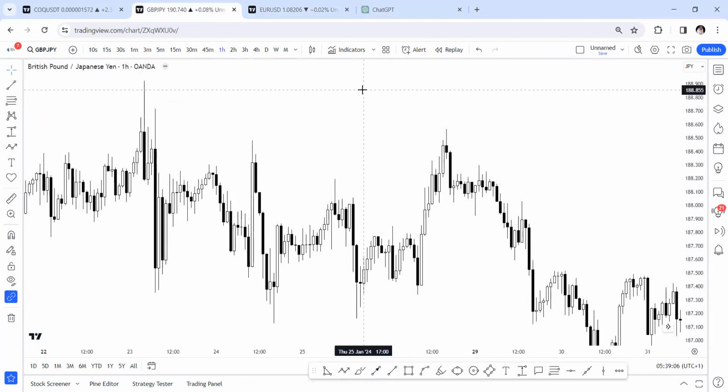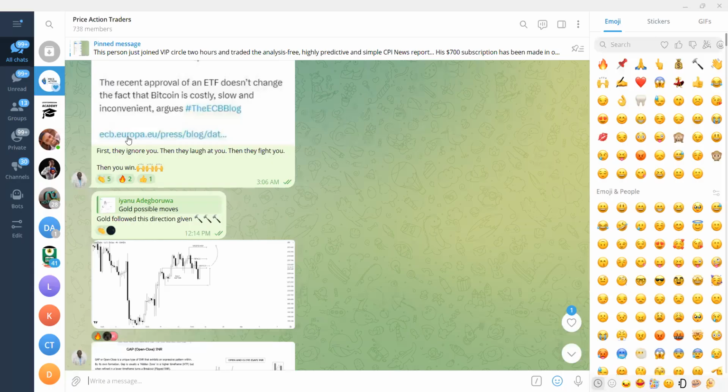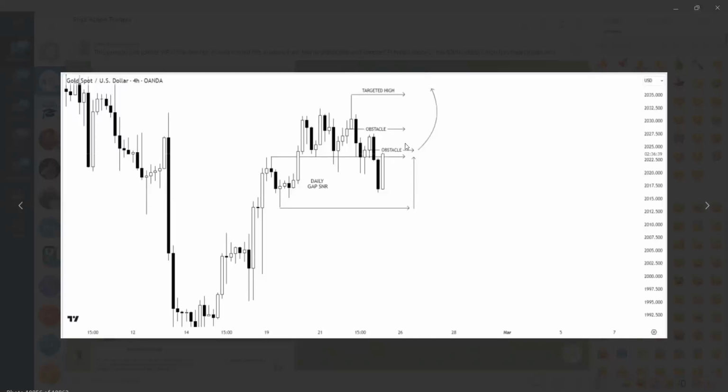Like I told them in my Telegram group about the market direction of gold before the close of Friday last week, this is what I presented. This is the limit of the range.